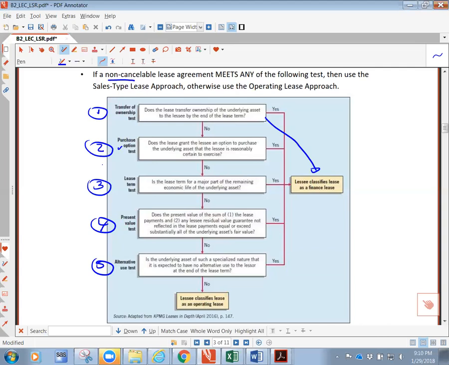If you analyze that purchase option and it looks like they're pretty certain to buy it, reasonably certain to exercise is the technical term, then it's a sales type lease. So the lessee classifies it as a finance lease and the lessor as sales type.